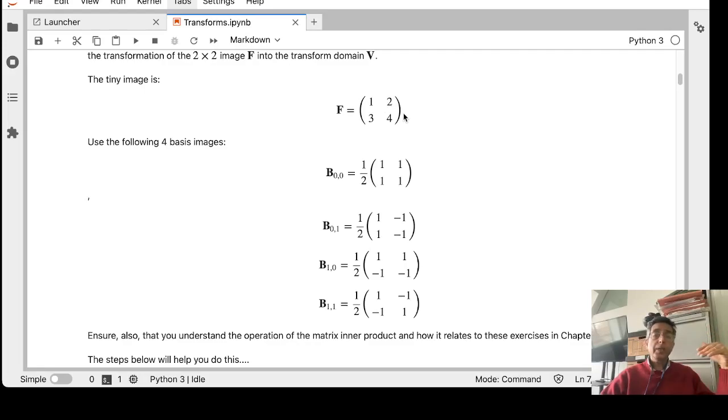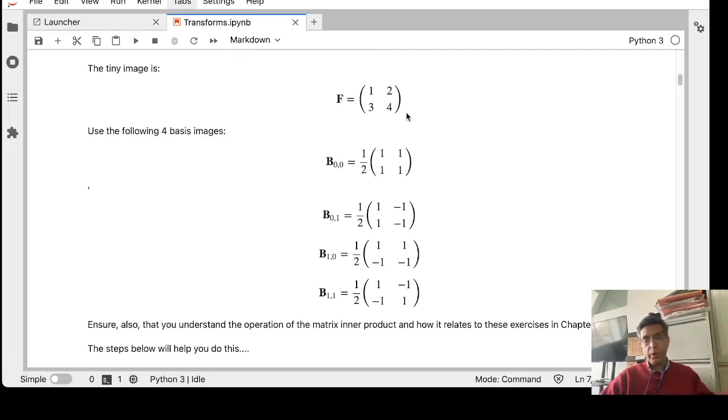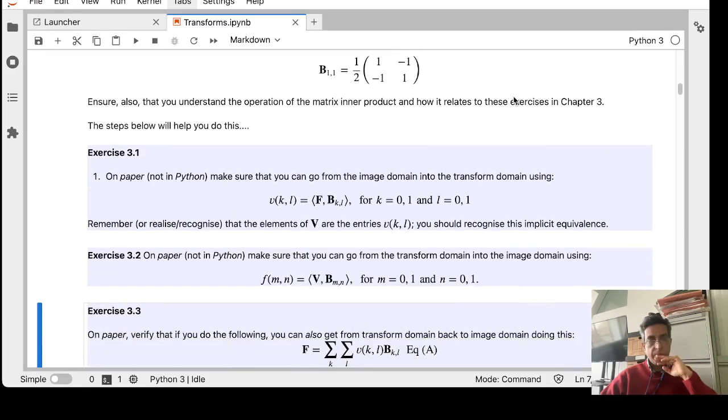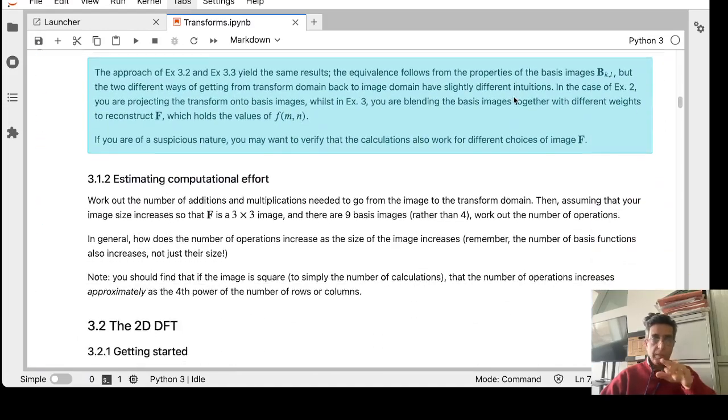Then as we go up in size to n equals 3, we go up in computational effort by a factor of 4 with respect to n. So the transforms, expressed in this way, scale implicitly as n to the power of 4. The computational effort required to go from image space into transform space goes up as n to the power of 4. So make sure you're clear on that.